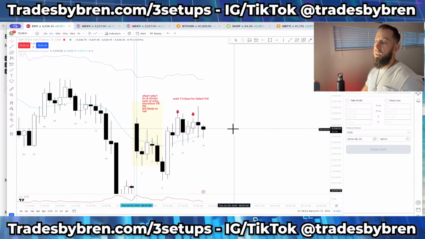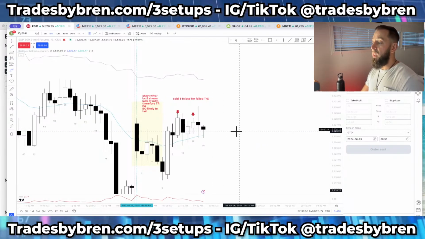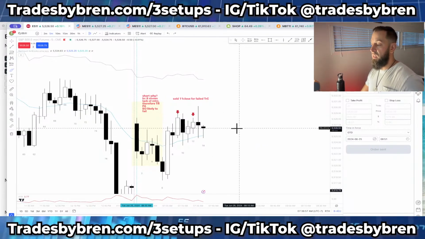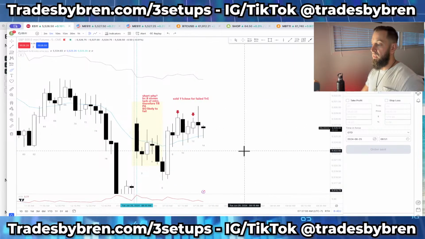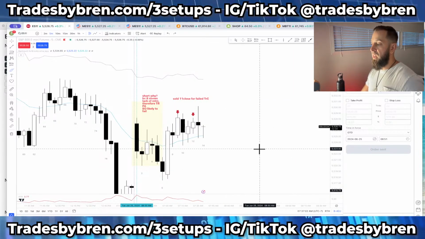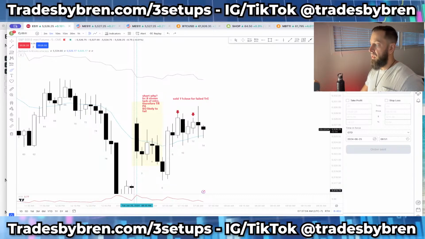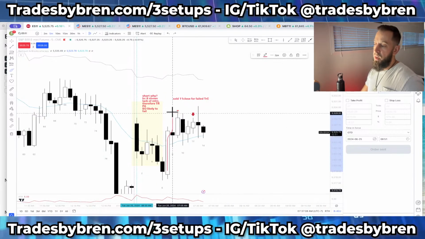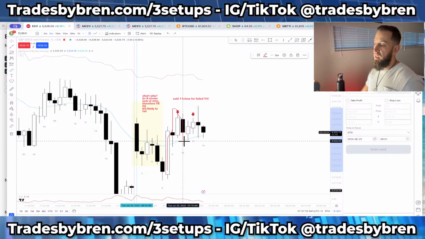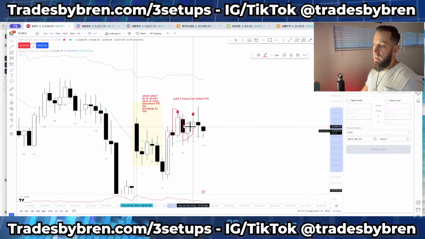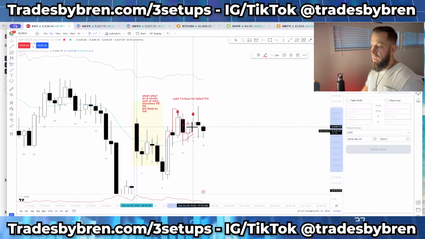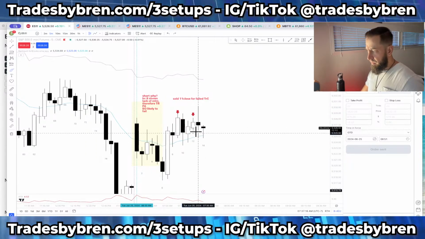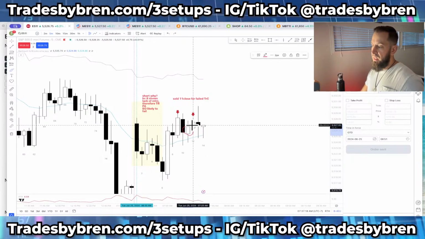And how do I trade trading range price action? I fade failed breakouts, right? So the bulls get a move up here, they get a pullback, and then it looks like they're trying to get trend continuation, so they got to close there, right? But I'm expecting this to fail.